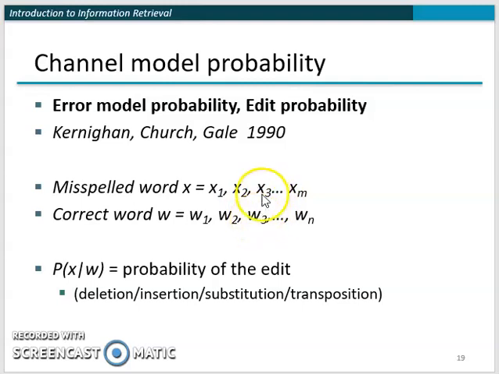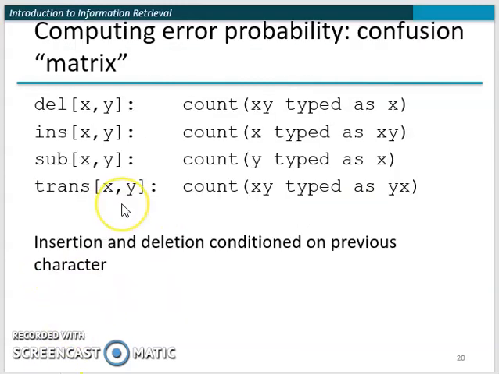So we need to know how many times this X3 was written in place of W3. And if we have those counts, we can estimate this probability. So to find the probability of edit, we just need to know the counts of those edit operations.